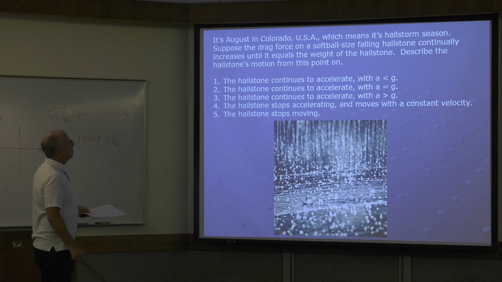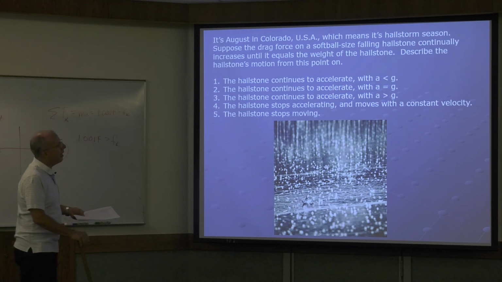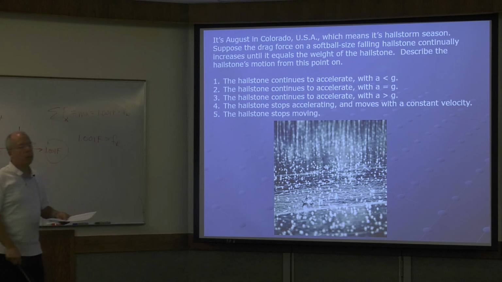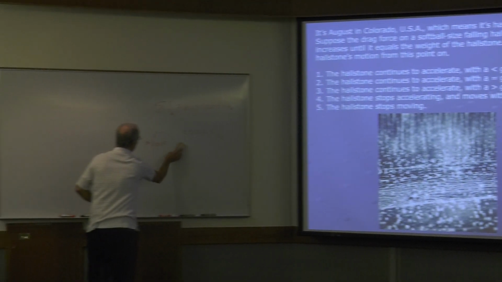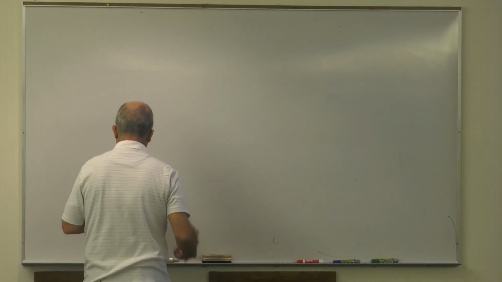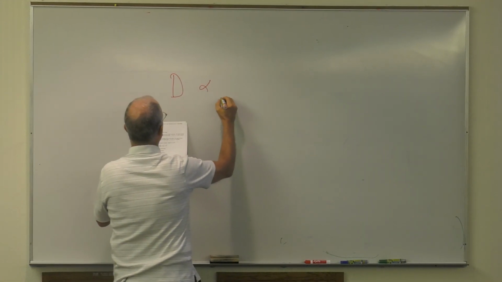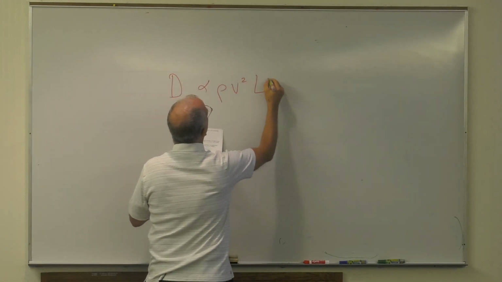Okay, suppose the drag force on a softball-sized falling hailstone continually increases, right? So the drag is getting larger and larger. So this is the inertial drag. So remember, the inertial drag was proportional to rho v squared L squared.